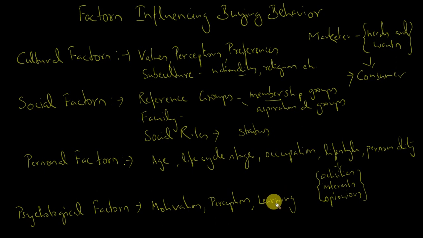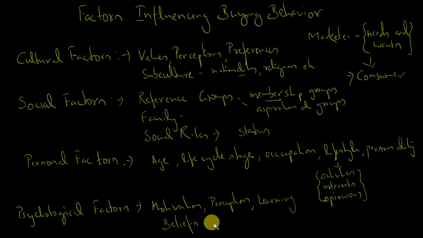Learning describes changes in an individual's behaviors arising from experience. So, a person buying a product with which the person has not had a good experience might not buy that product again, or might not select a similar brand again with which the customer might have had trouble in the past.